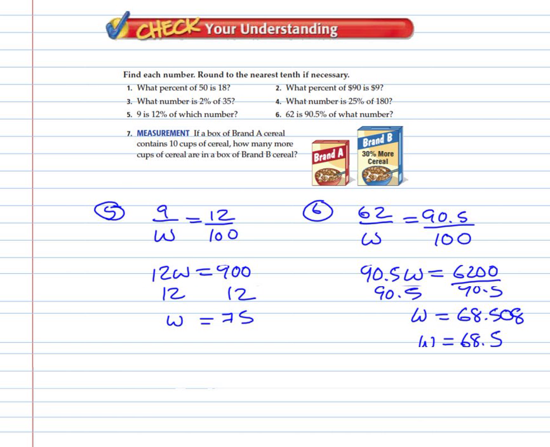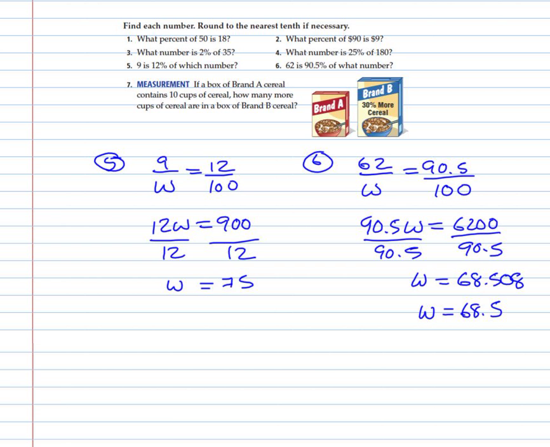And my last one, number 7. It says if a box of brand A cereal contains 10 cups of cereal, how many more cups of cereal are in a box of brand B? So I don't know how much are in B. I know that there are 10 in A, and I know that's 30% of 100.